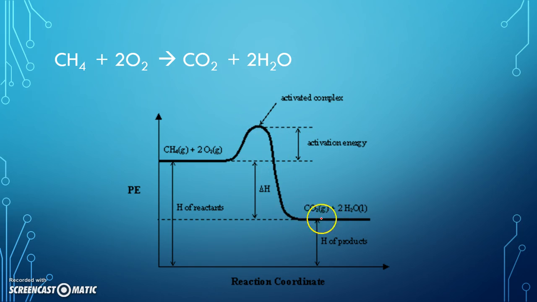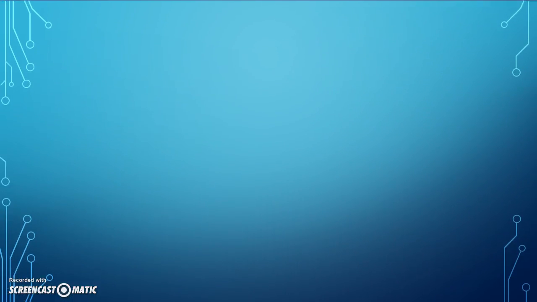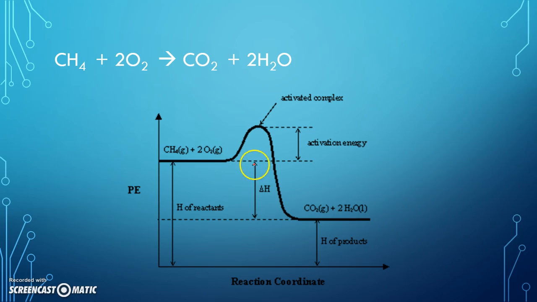So this drops lower. This change here that we're looking at, this is the energy of the reaction that we learned when we did our unit on heat. Because my reactants are higher in energy than my products, that means that this is an exothermic reaction.